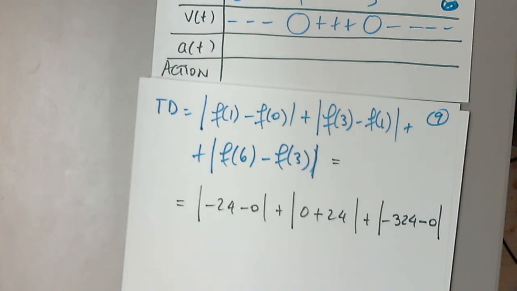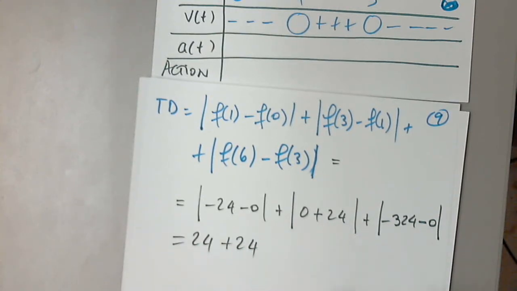So the absolute value of -24 minus 0, plus 0 plus 24. Why do we do this? It's because the particle, no matter which direction it's going, it's accumulating distance. That's why we study the sign of the velocity, so we know where to break it up and into how many pieces. So this was 24.